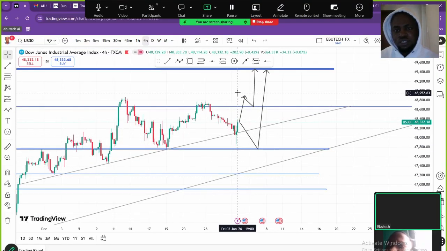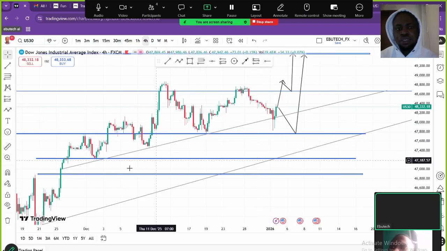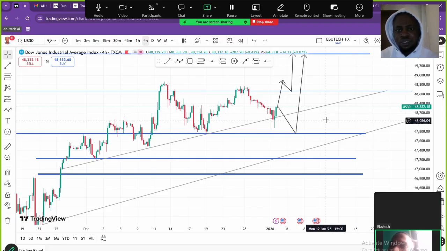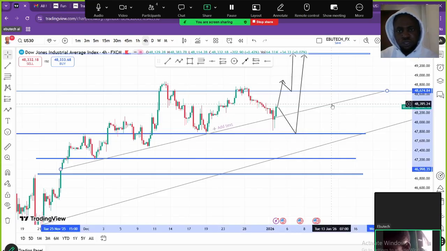The market still went up. Do you understand? So whenever you're analyzing the market, make sure that you bring out a trend line that has at least two or three touches before you can confirm that yes, this is a trend line. If it doesn't have two or three touches, it is invalid.